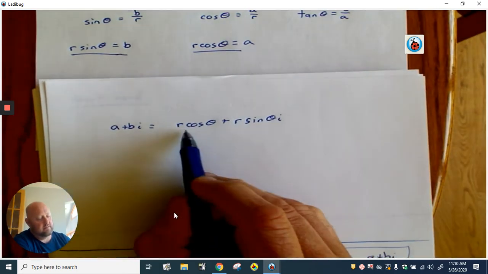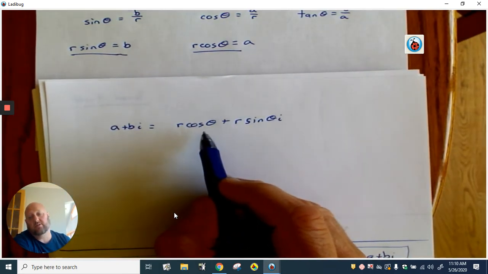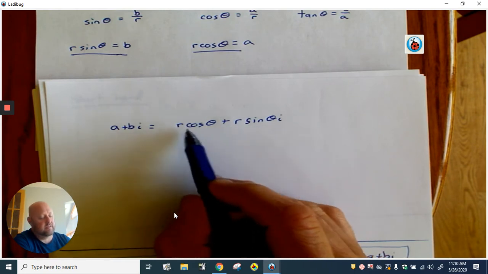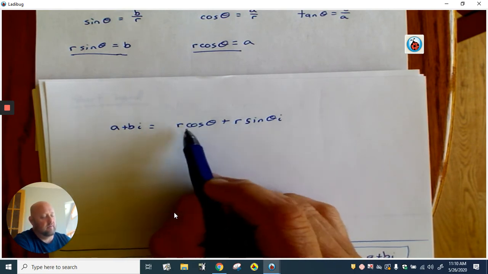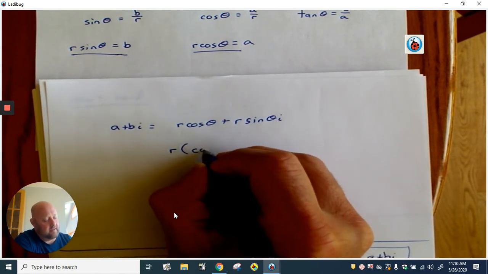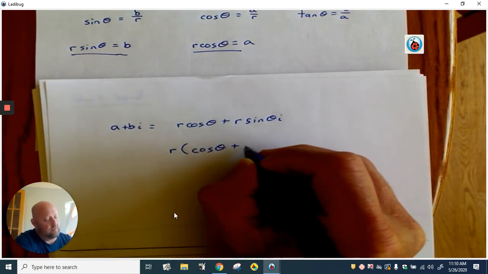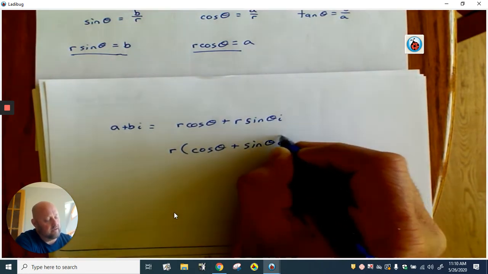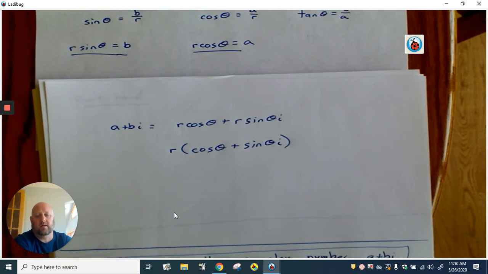Well, this technically is now in polar form. Now, it's not really in standard form because it kind of looks ugly. We can simplify this a little bit. All we do here is we pull out an r, and this is what a polar imaginary number will look like.